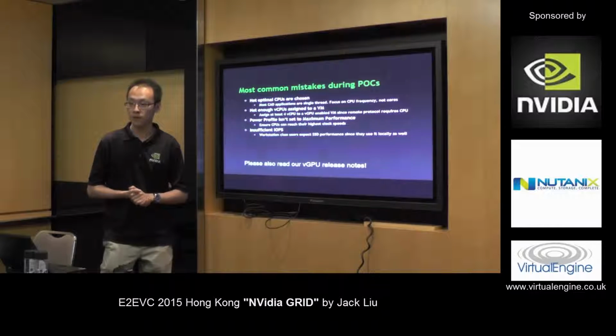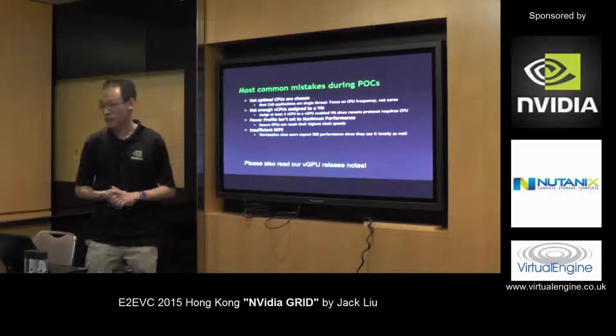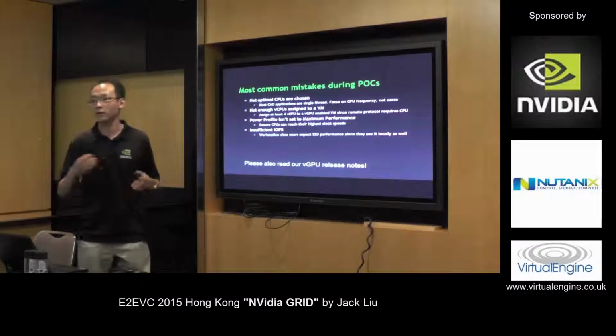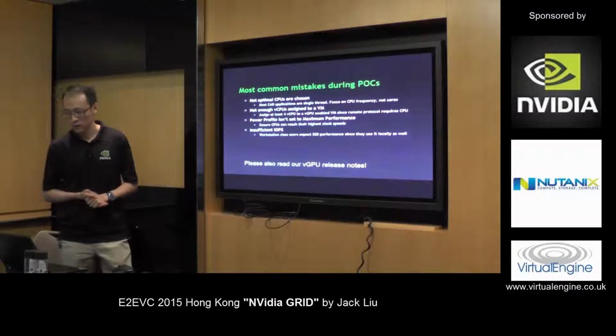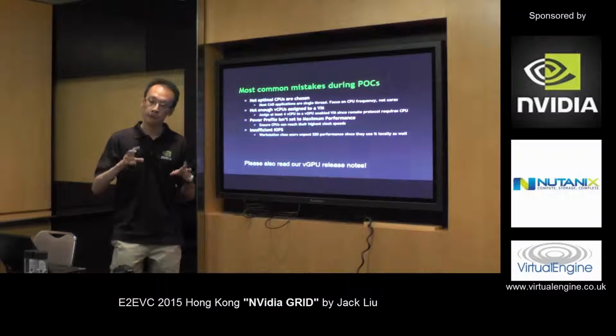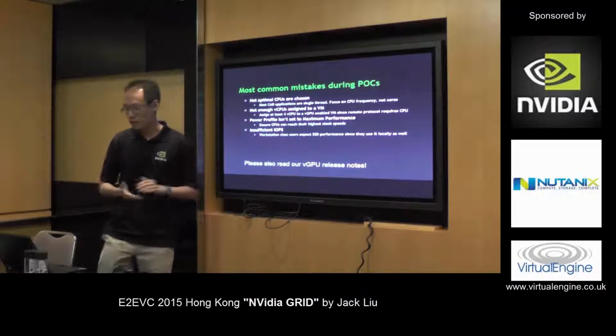So even if you assign 8 or 12 cores to the virtual machine, it doesn't help. It requires very high frequency instead of a number of cores. So normally when we do a POC, we recommend choosing a high frequency CPU instead of more cores.